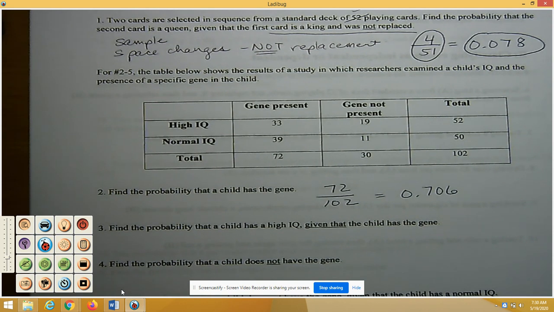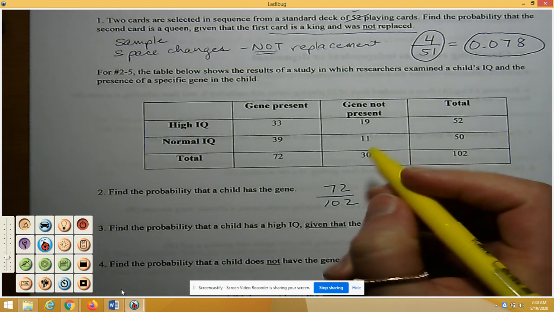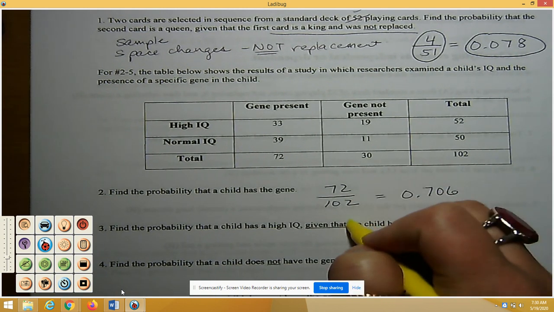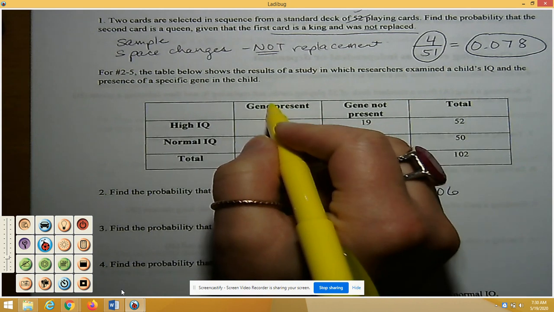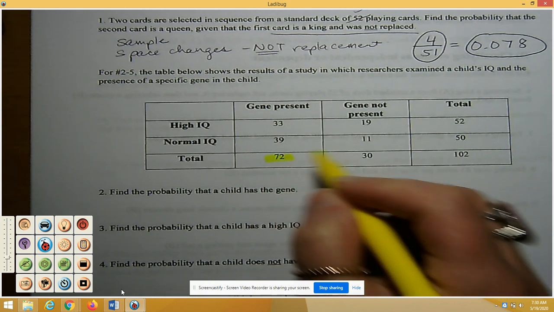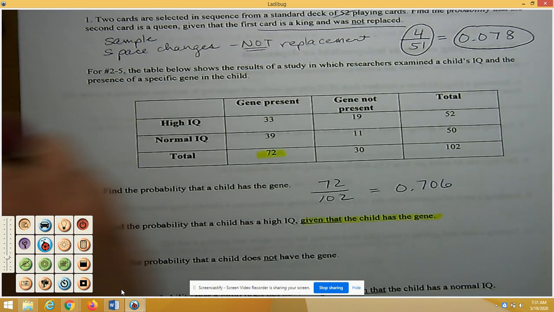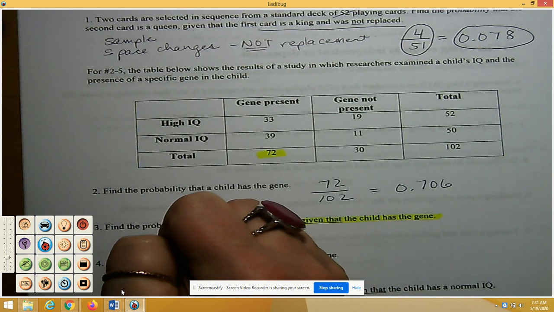Number 3, the probability that a child has a high IQ given that the child has the gene. So given that the child has the gene is present, that total pertains to the 72. So our sample space changes.